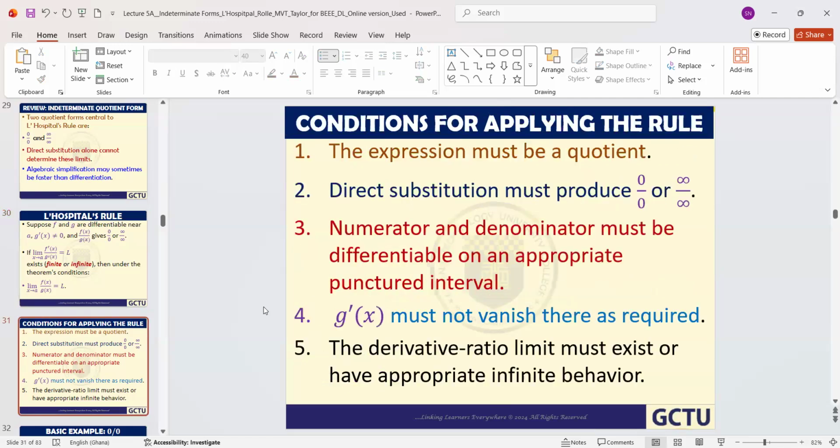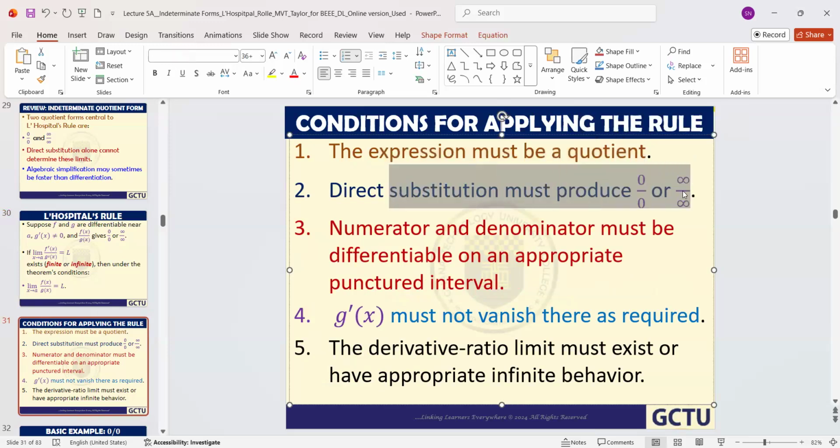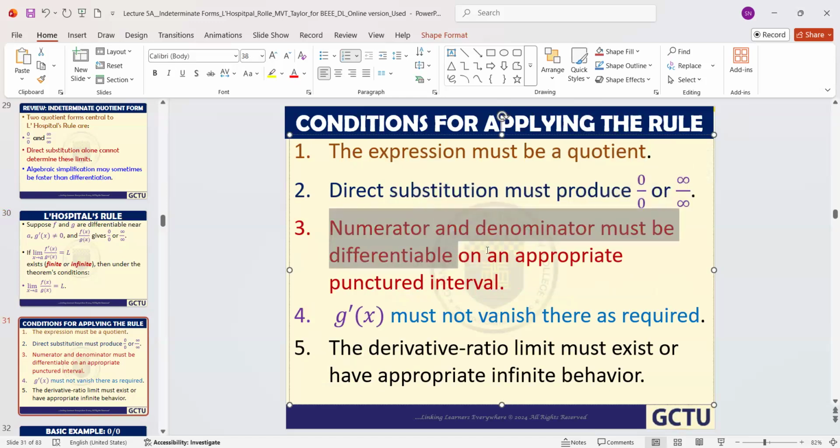Basically, that is that. The expression must be a quotient, so we apply L'Hopital's rule only to fractions. And direct substitution must give you the indeterminate form first before you go on and use L'Hopital. Numerator and denominator must be differentiable on the appropriate interval.